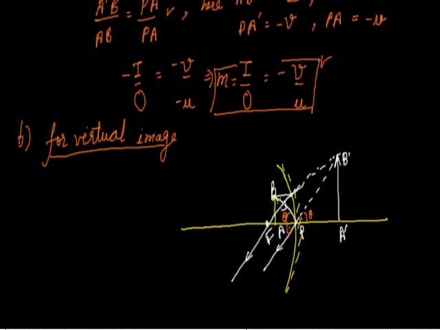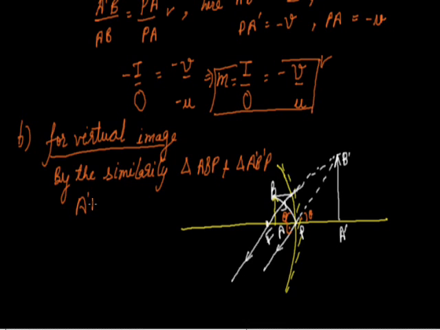That's why, again on comparing the triangles ABP and A'B'P, we find that these two triangles are similar. So here, by the similarity of triangle ABP and triangle A'B'P, we can write A'B' upon AB is equal to PA' upon PA.